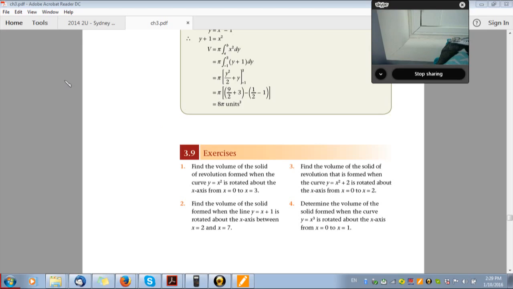Oh, okay, I see what you did. But do you see how you're supposed to expand it and then integrate? Yeah. Is it 161.67? Could be. I think that sounds right.